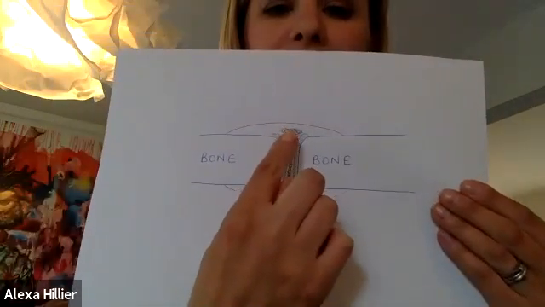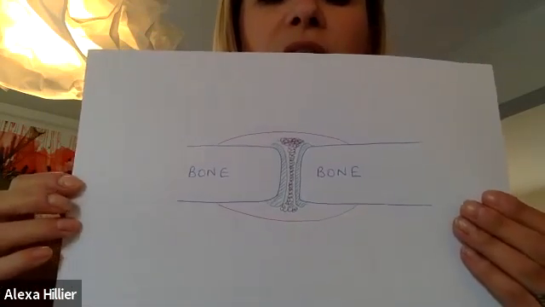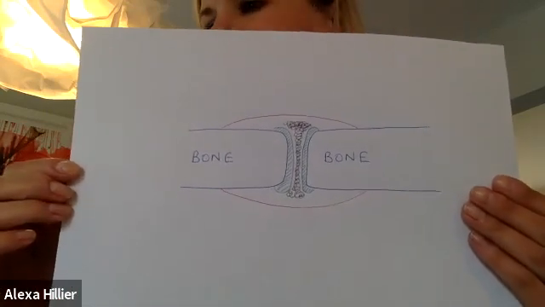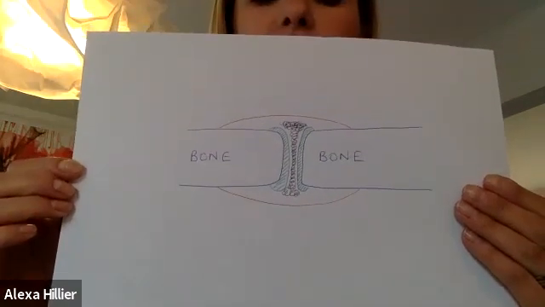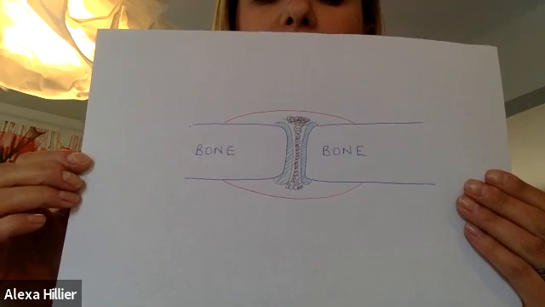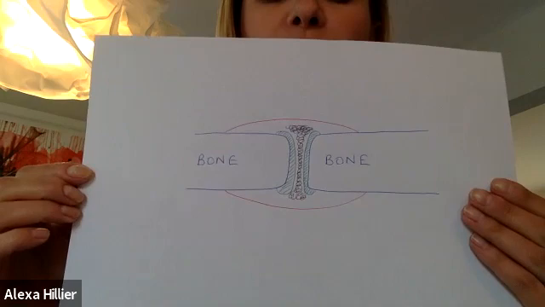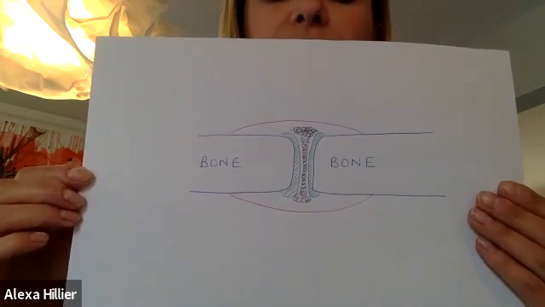The black area that I've shaded is an area where we've got something called synovial fluid. This fluid allows the ease of movement between the bones at a joint.